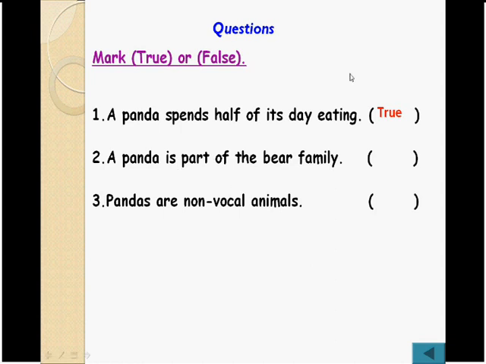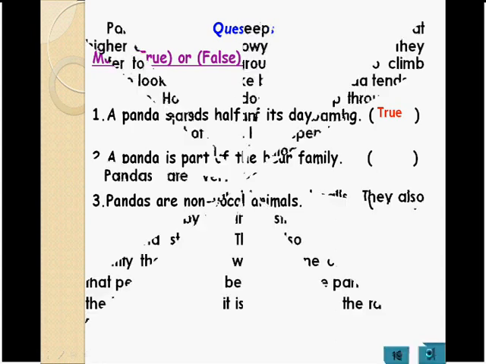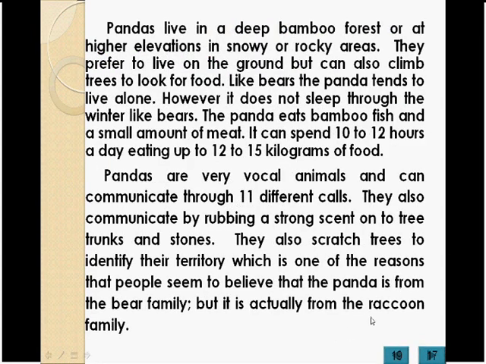Number 2, a panda is part of the bear family. So the key words here are part, bear, and family. So let's go back to the text and have a look at the last line.